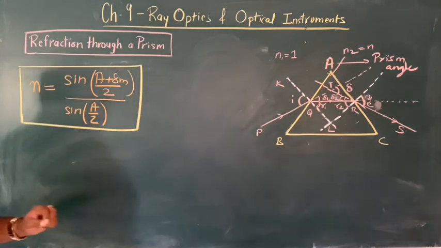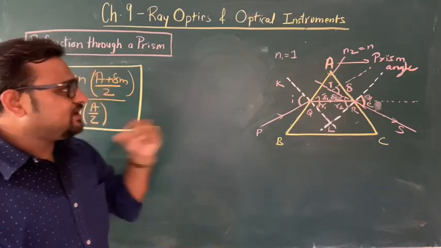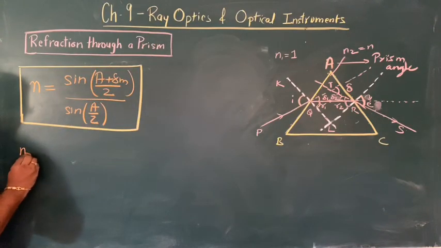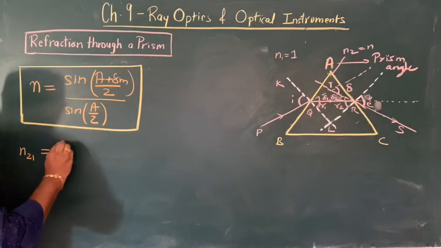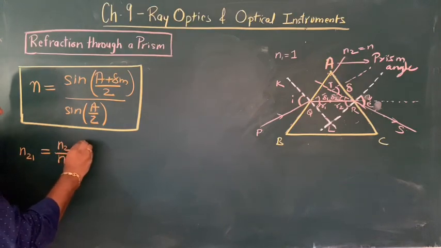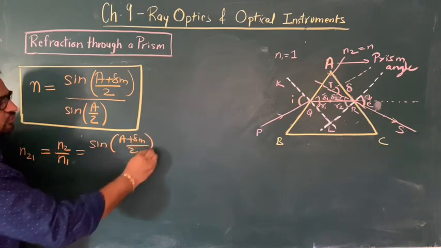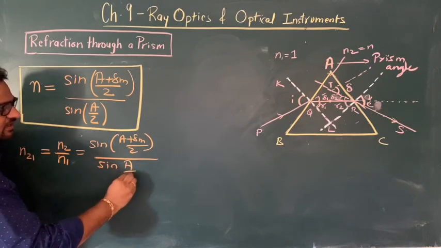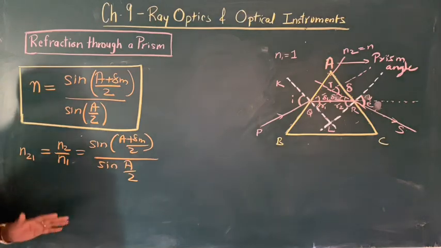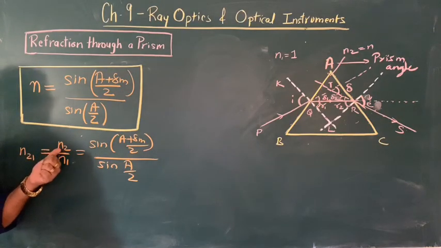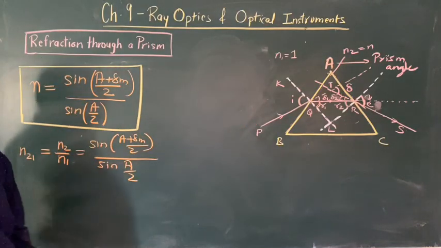But now if I take the surrounding medium as some other liquid, then the formula becomes, instead of n, n2 by n1, that is refractive index of 2 with respect to 1, equal to sin (A plus delta m by 2) upon sin (A by 2). This becomes the equation of refractive index of the medium of the prism with respect to the surrounding medium. Clear?